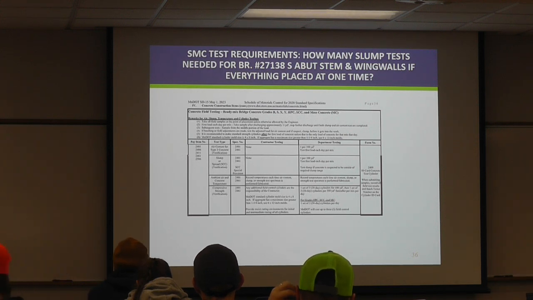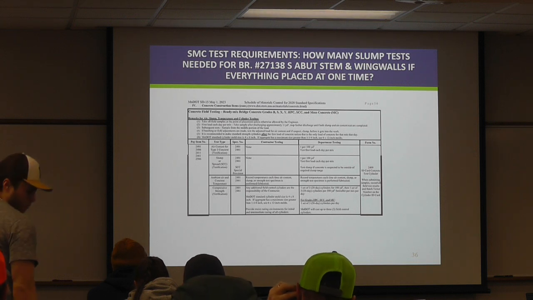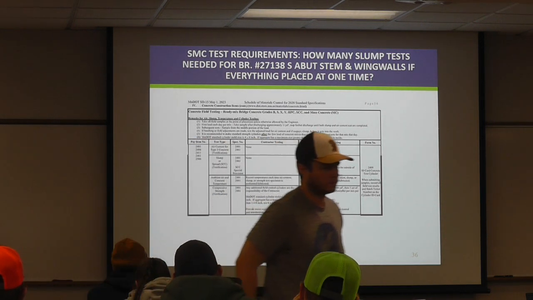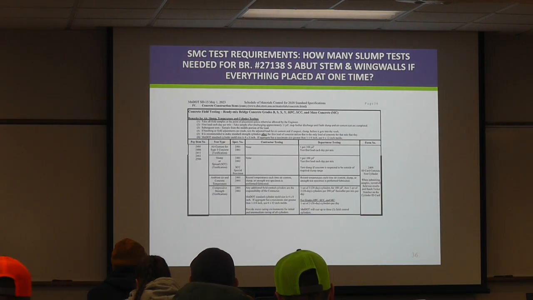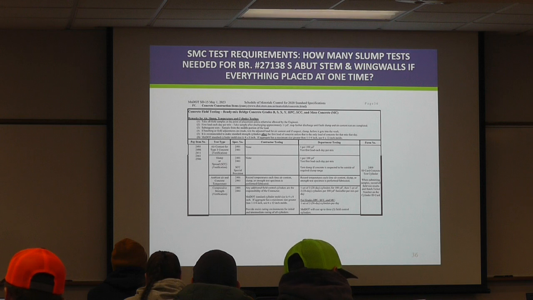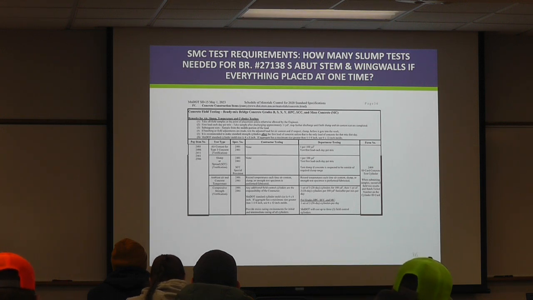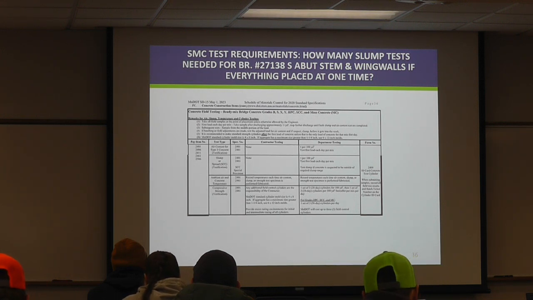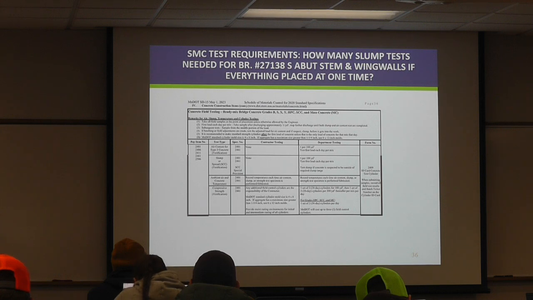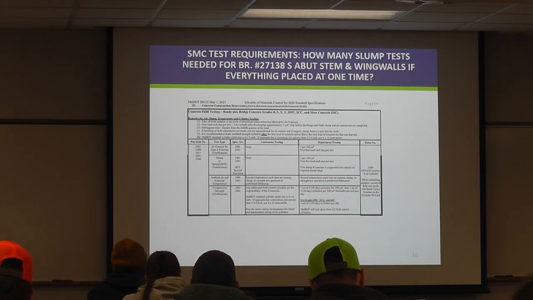So a little question for you to get our minds away from just listening to me. How many slump tests are needed for Bridge 27-138 south abutment, stem, and wing walls if everything is placed at one time? So we have one for every 100 yards, plus what?